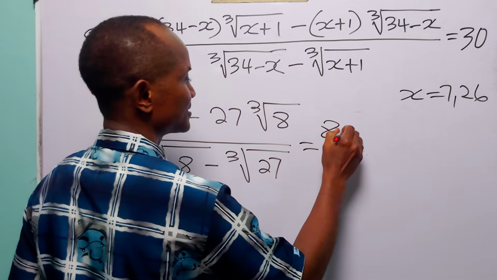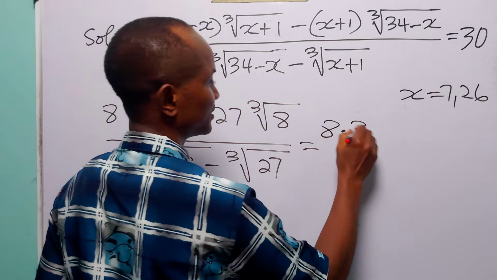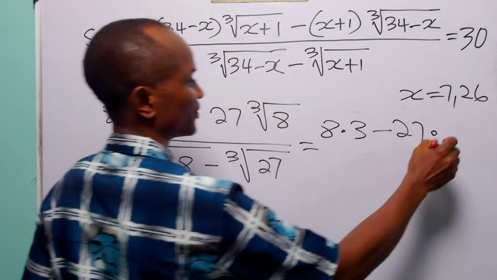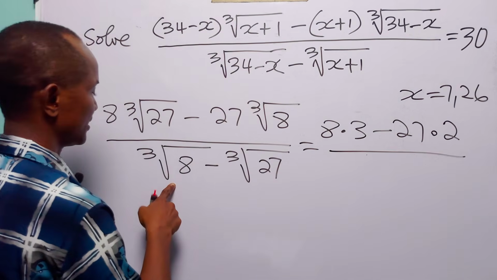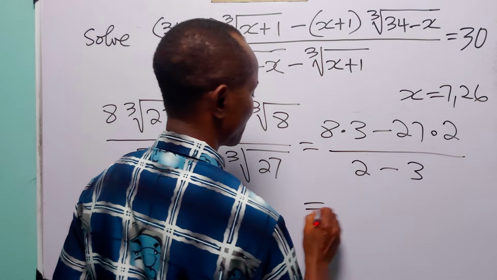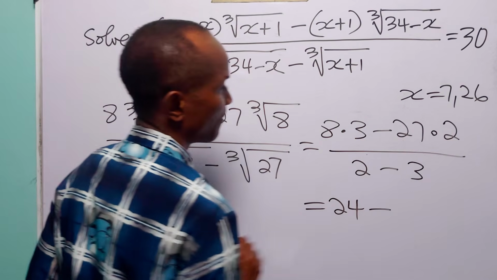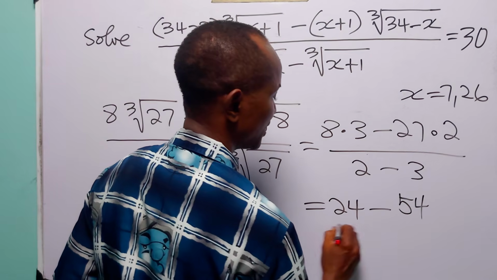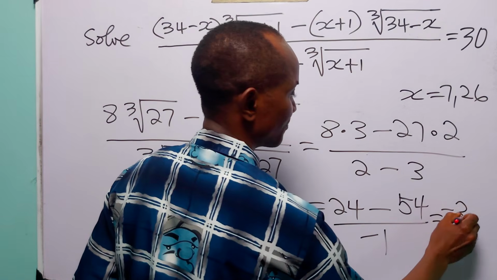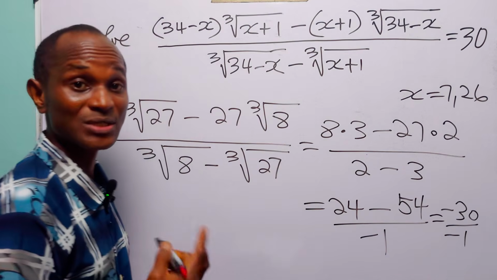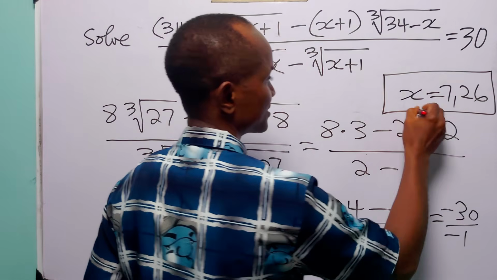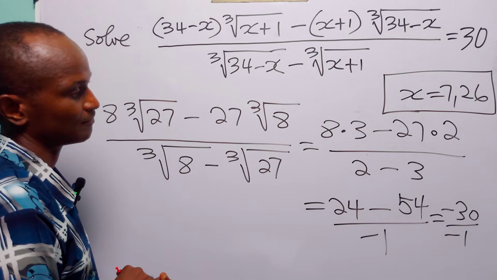Now, we have 8 times the cube root of 27 is 3, minus 27 times the cube root of 8 is 2, divided by the cube root of 8 is 2, and the cube root of 27 is 3. We have 24 minus 54, divided by minus 1. Now this is equal to minus 30 divided by minus 1, which is equal to plus 30. So the two values of x satisfy the original equation.